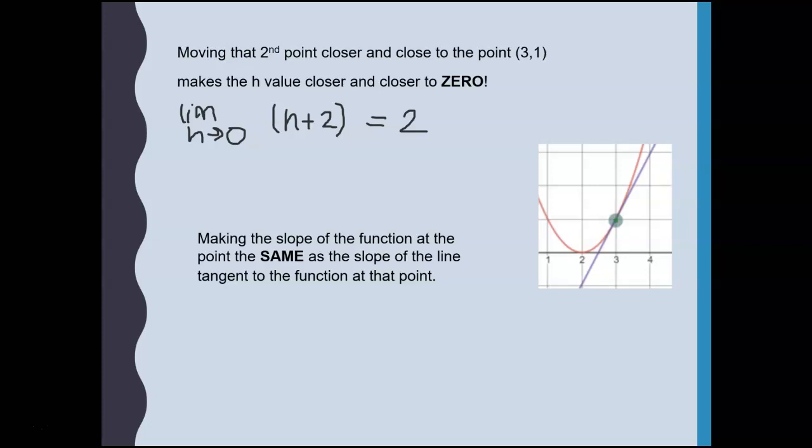The slope of the function at that point is estimated to be 2. So another way of saying that we've been saying is that the slope of the tangent at 3, 1 is 2.